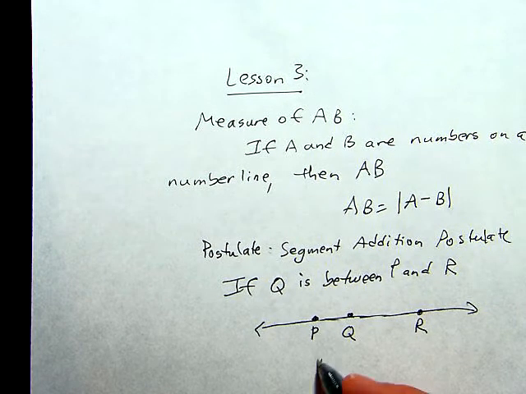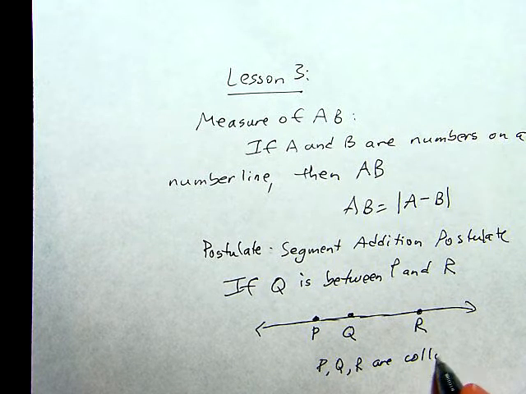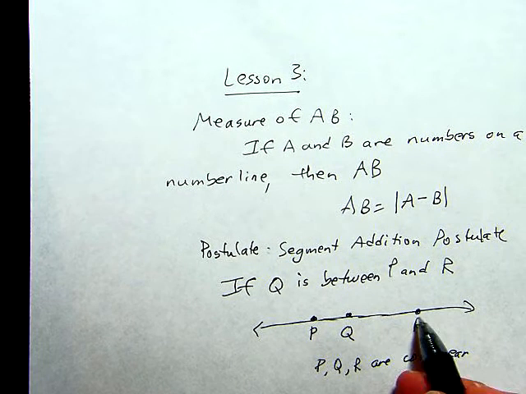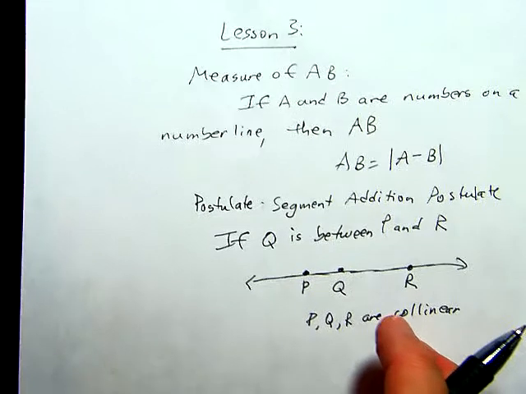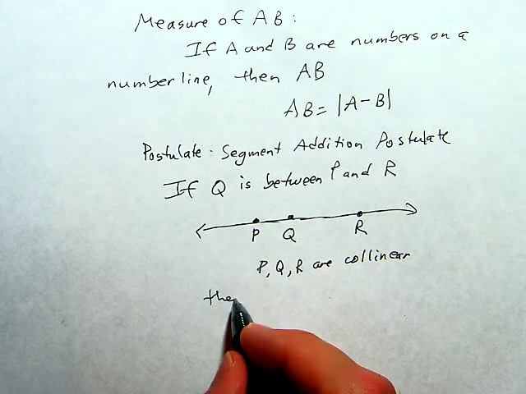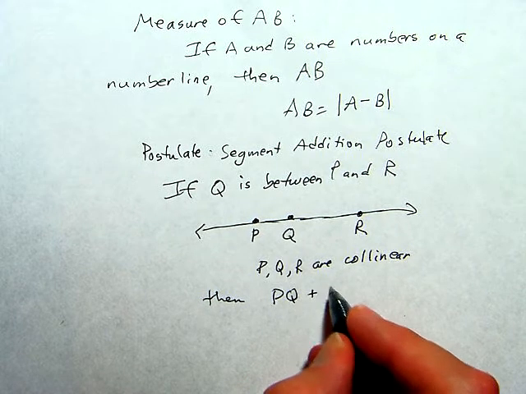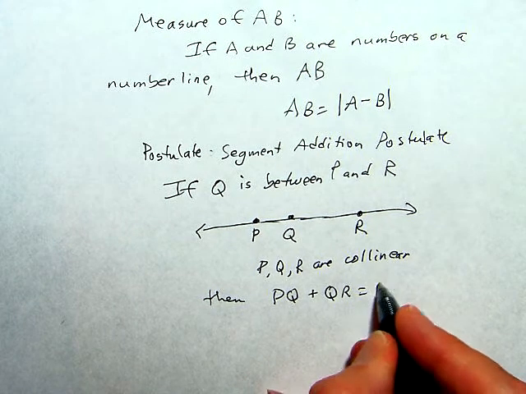We're saying that P, Q, and R are collinear. Q is between P and R. Then the segment addition postulate says it is true that PQ plus QR equals PR.